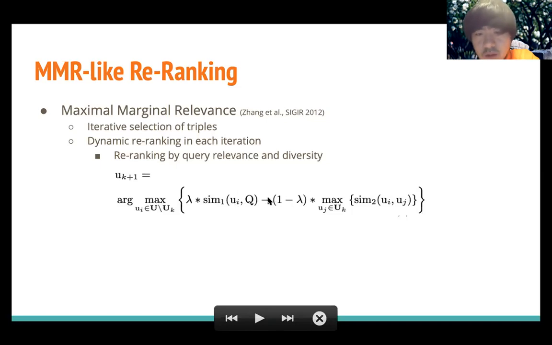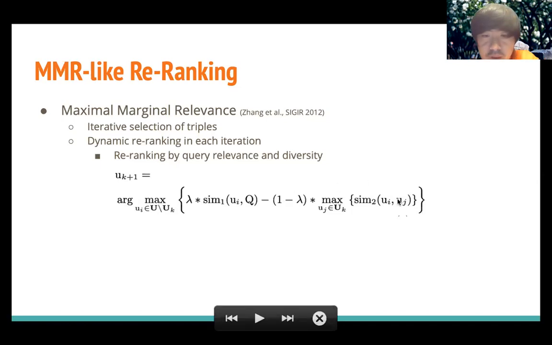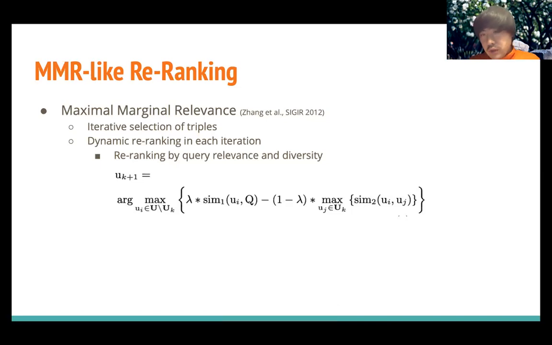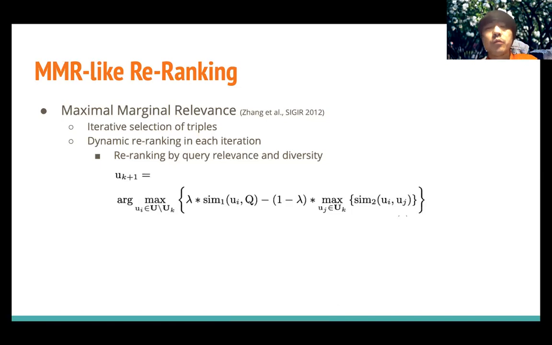We minus what? We minus the similarity between the candidate triple and the triples that have already been selected into the summary. I mean, these triples were selected in previous iterations. So by minus this similarity, we actually improve the diversity of the selected triples. So this is called MMR re-ranking.